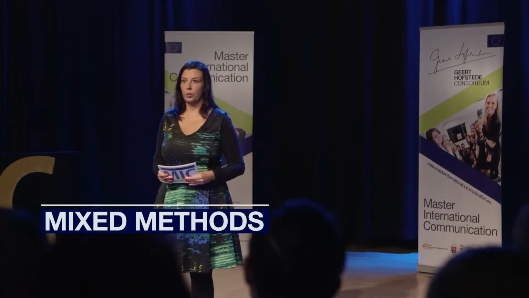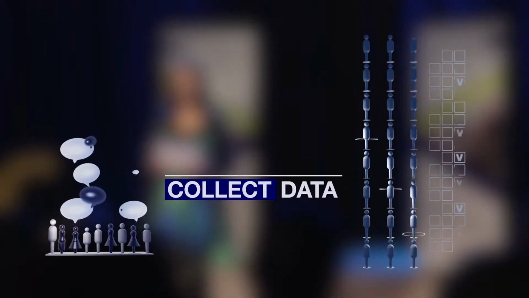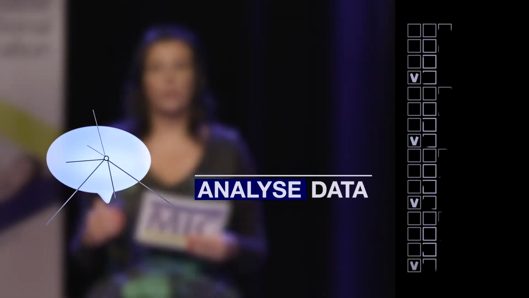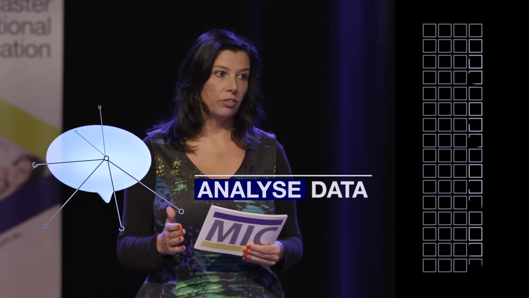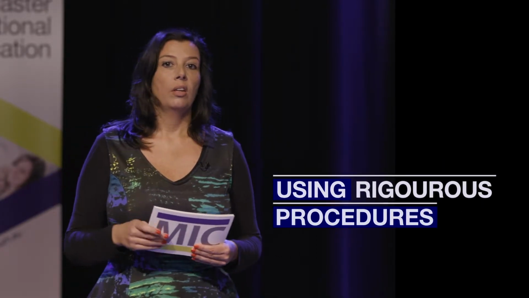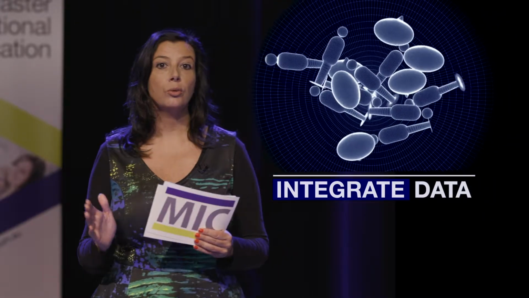John Creswell has described 6 main features of mixed methods. First of all, you collect both quantitative and qualitative data. Then, of course, you analyze both data sources. And for this, you have to use rigorous procedures for each one. Next, you have to integrate both data sources, and you can do this concurrently or sequentially.